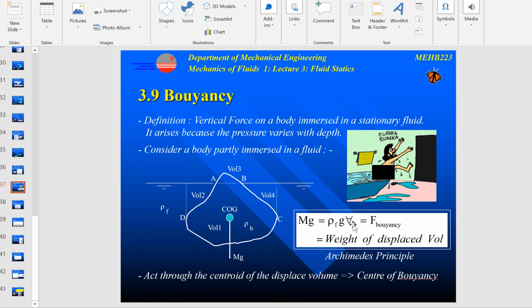So density times volume times gravitational acceleration. The volume is the volume of the displaced water or the displaced fluid. A buoyant force acts through the centroid of the displaced volume. This point is called the center of buoyancy.